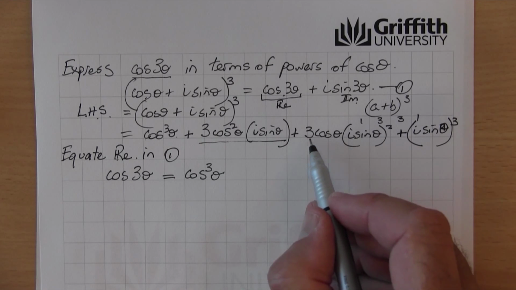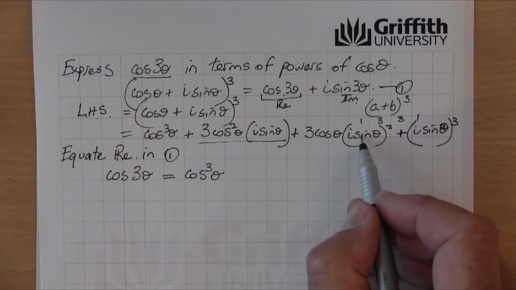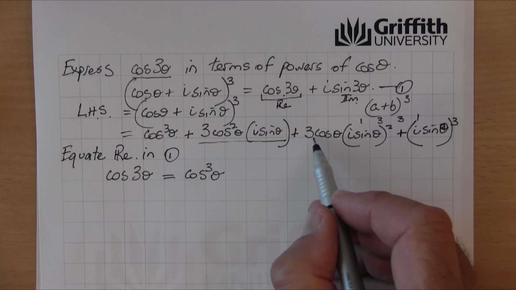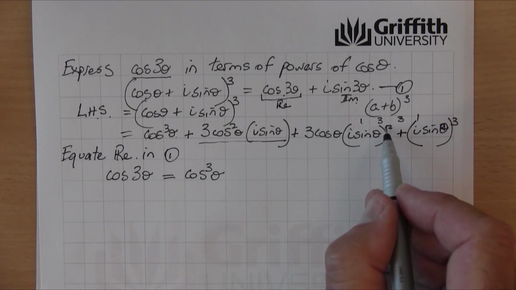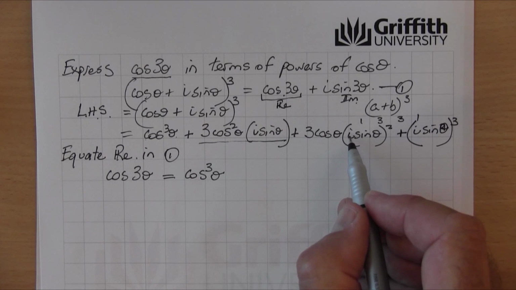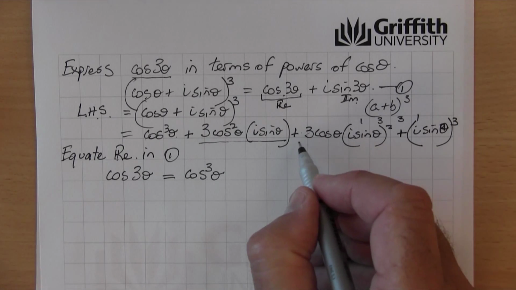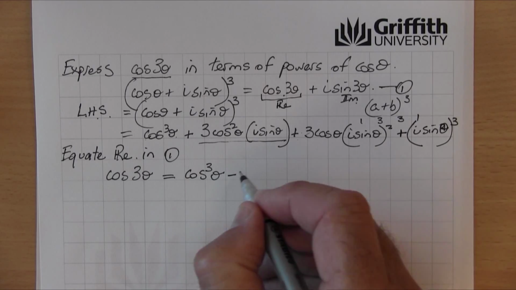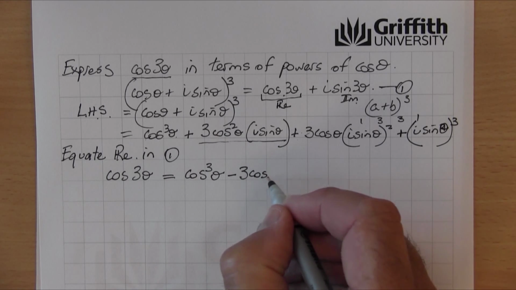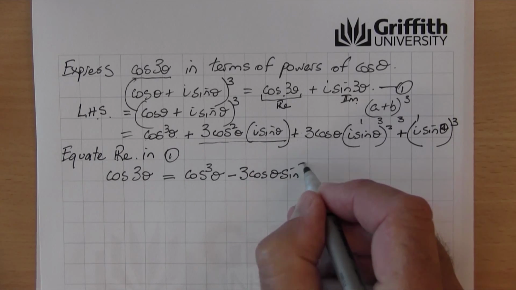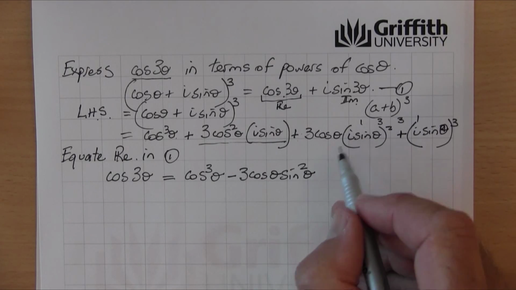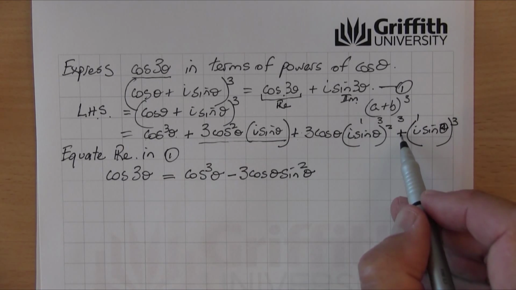So we're going to get negative 3, and we'll get sine squared. So this is going to be real, when we square i, we get negative. So this term here is one we need. It's minus 3 cos theta sine squared theta. I'll come back to that and explain that one again in a minute.